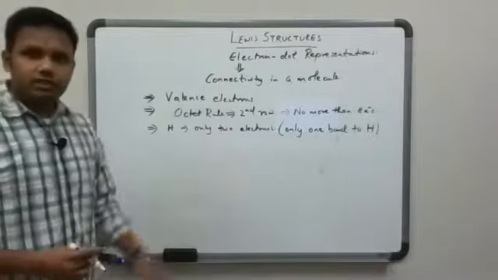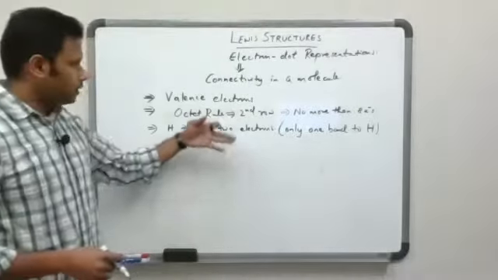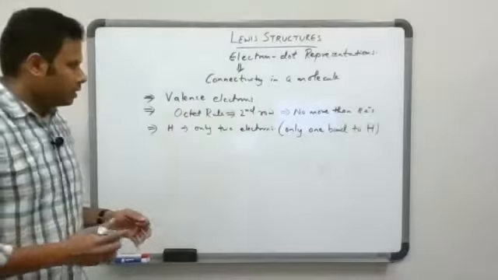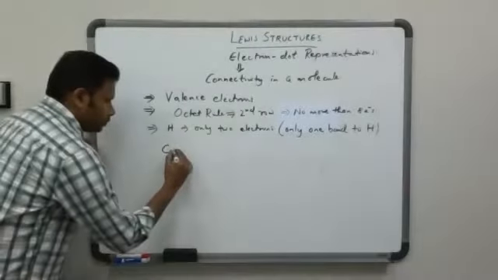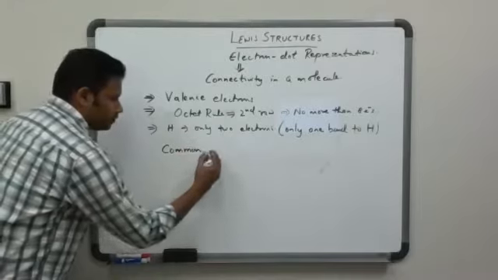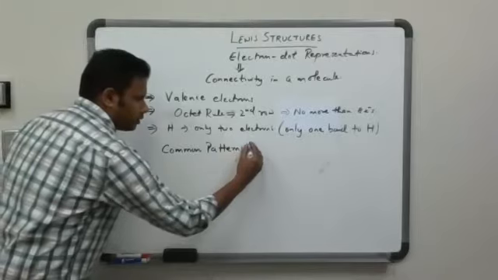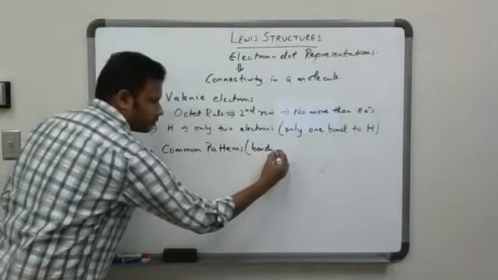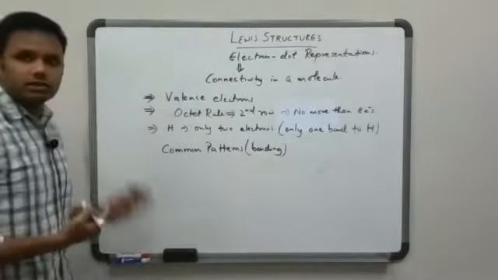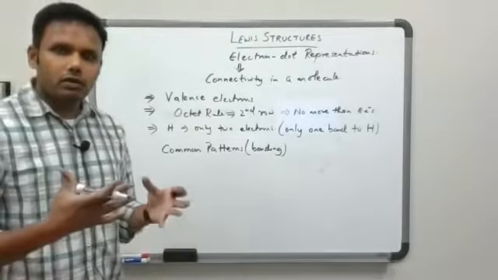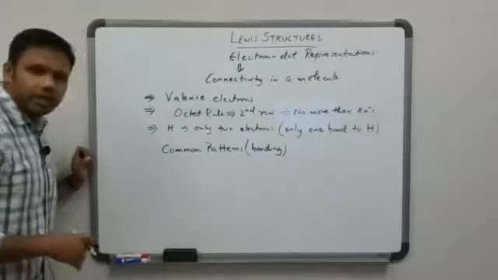Before we start building Lewis structures, we need to remember some common patterns for bonding. Again, we are concerned mostly about the second row elements here.